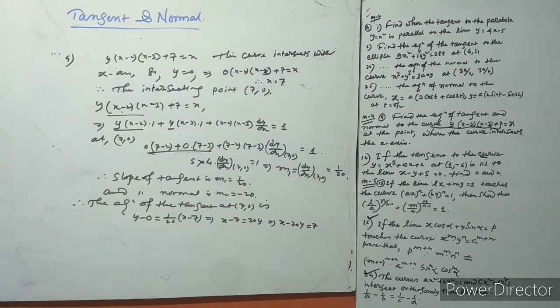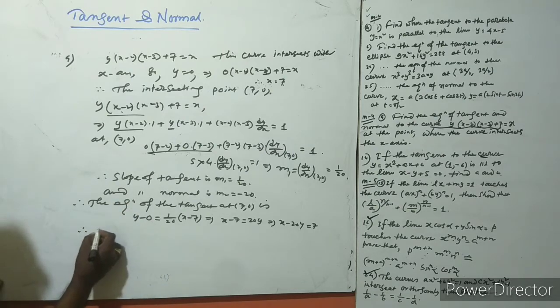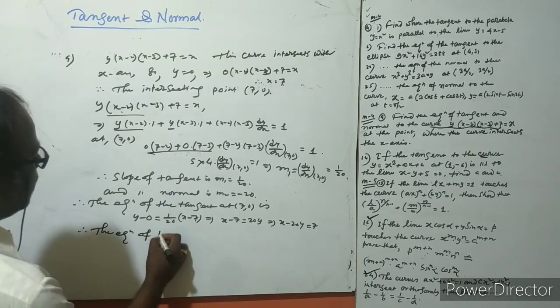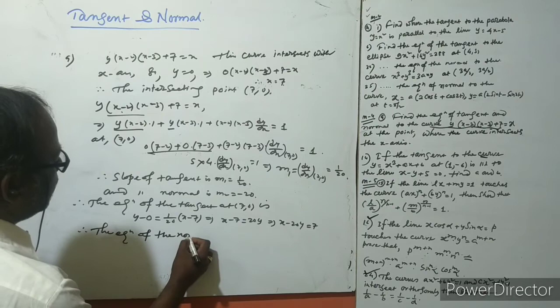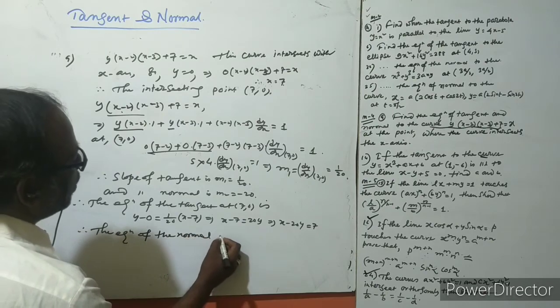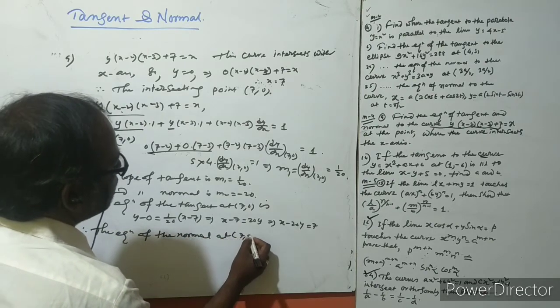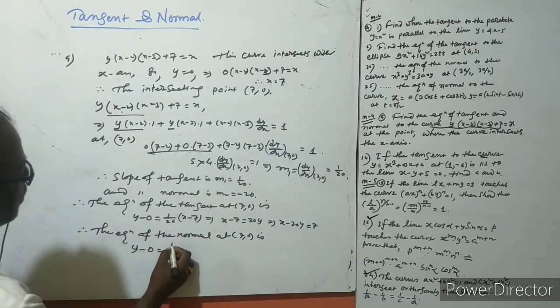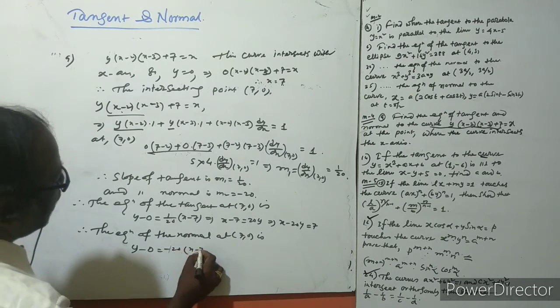Now see the next part, find the equation of the normal. Therefore the equation of the normal at (7, 0) is y minus 0 equal to minus 20, since the slope for the normal is minus 20, times (x minus 7).